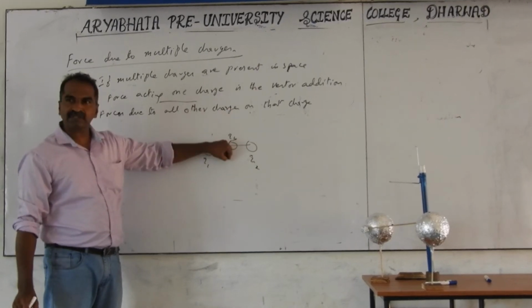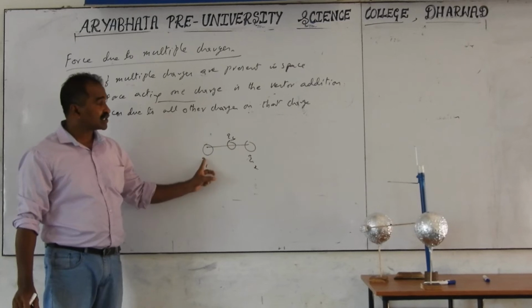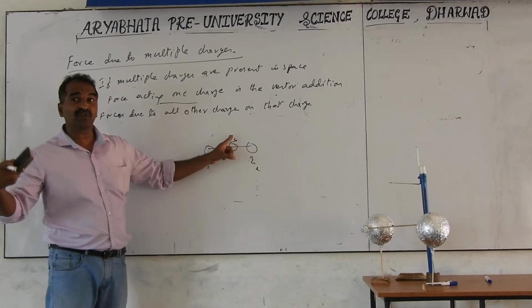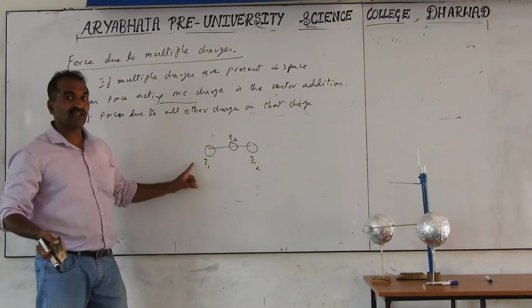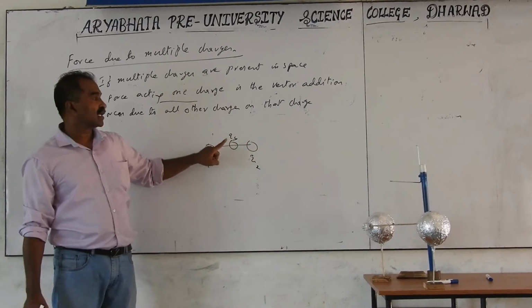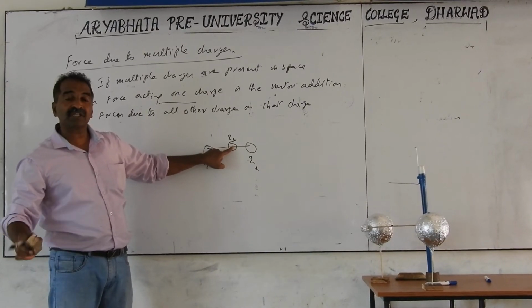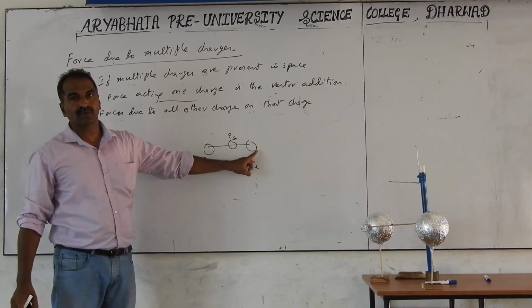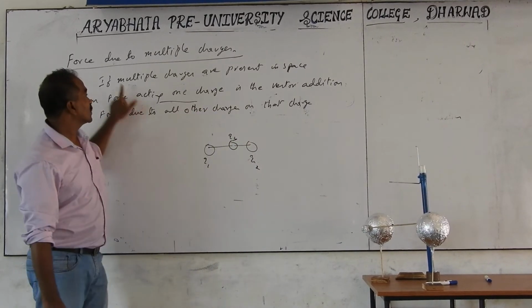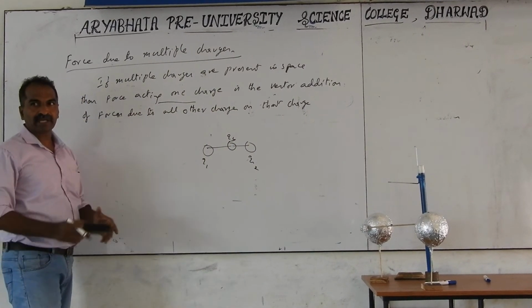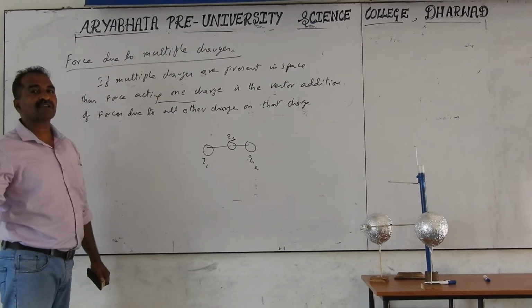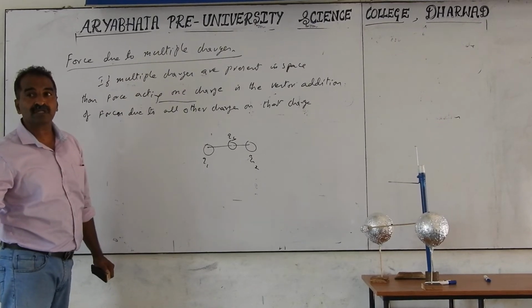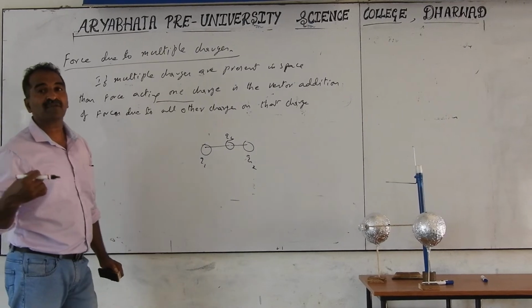Q3 additionally adds extra force on Q1 and extra force on Q2, but Q3 will not affect the original force between Q1 and Q2. That is called the principle of superposition. So the force between two charges is not affected by the presence of a third charge. That is the principle of superposition.